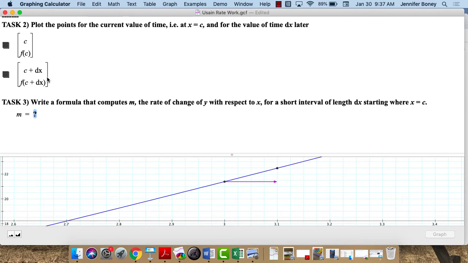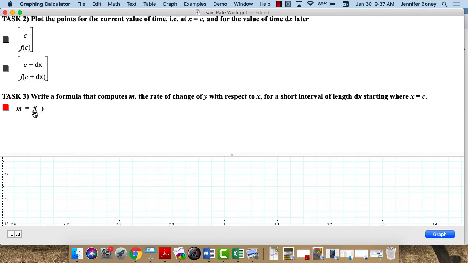But if I want to calculate a slope between whatever those 2 points happen to be, I'll just use those symbols, right? So f of c plus dx, so I get y final. Yeah, so y final minus y initial, f of c plus dx minus f of c.